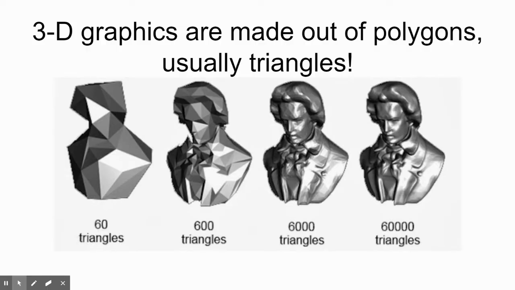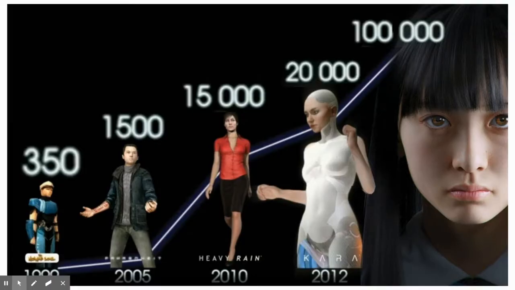Another picture I'd like to show you, just because I like video games and I think it's interesting, is over here on the left. It's got a timeline. So in 1999, that character was made with 350 triangles. 350 polygons were used to create that character.